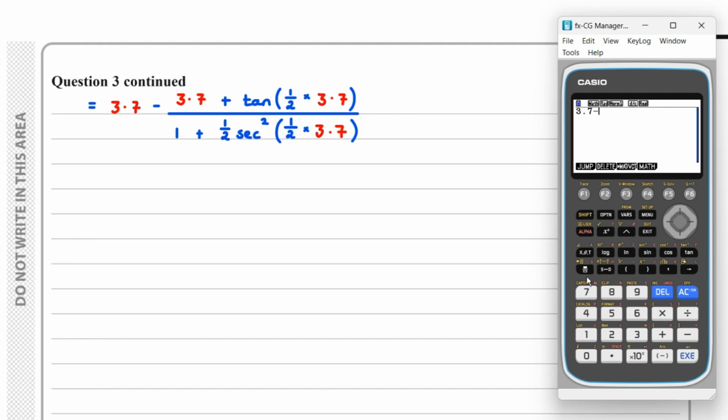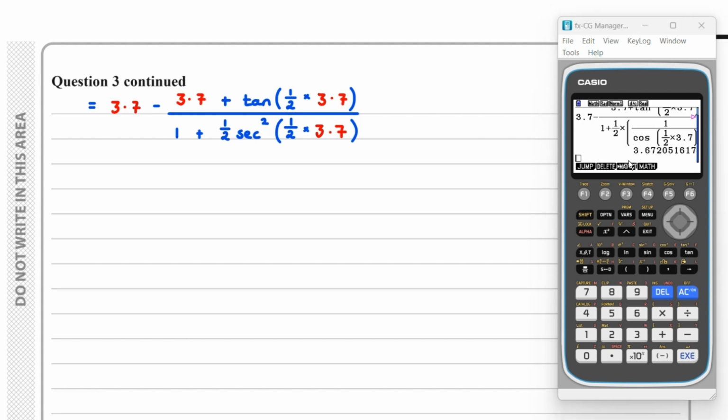So we have 3.7 subtract 3.7 plus the tan of 1 half times 3.7 over 1 plus 1 half times by 1 over the cosine of 1 half times 3.7, because we've got x, and then we square this.